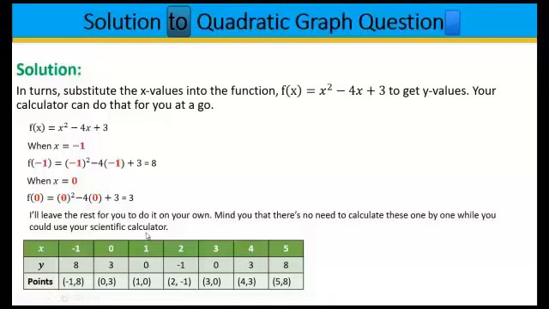So when you use your calculator, 1 would give you 0, 2 would give you -1, 3 would give you 0, 4 would give you 3, 5 would give you 8. So these are the values you are going to use to draw our graph. If you get this, then you are halfway through.